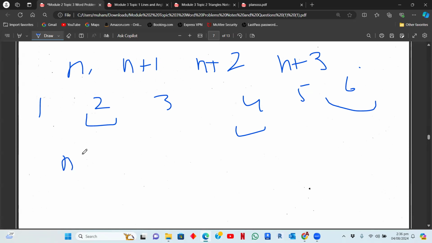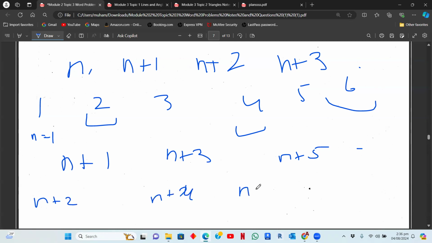So if let's say n is 1, n plus 1 is going to be 2, n plus 3 is going to be 4, n plus 5 is going to be 6. So you add odd numbers to get even integers. Similarly, if you add even numbers, n plus 2, n plus 4, n plus 6, you're going to get all odd numbers, considering that the value of n is 1. So please be mindful of integer representations when you solve such questions.